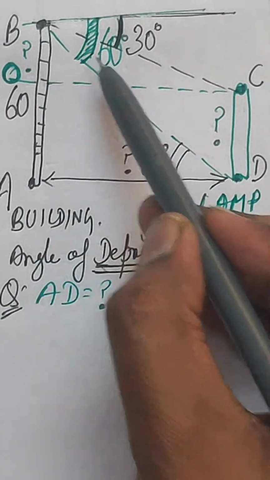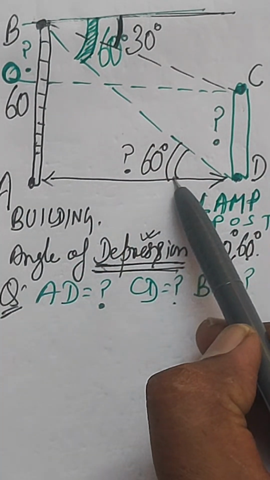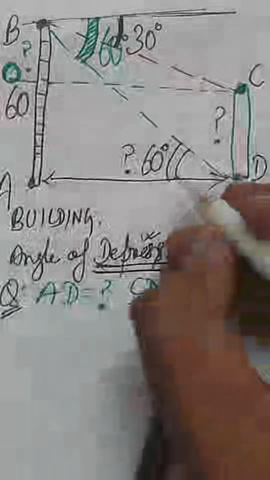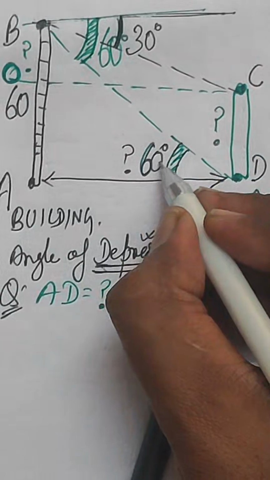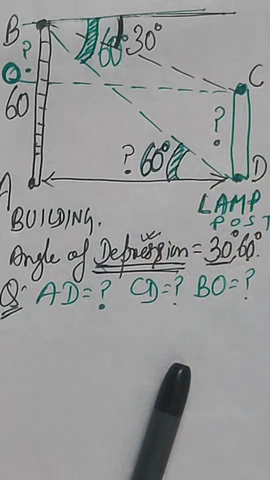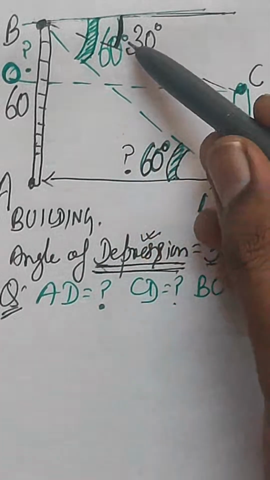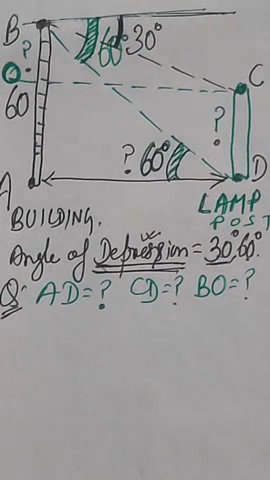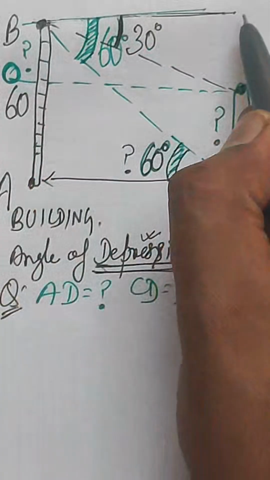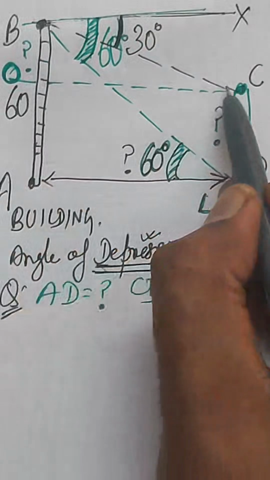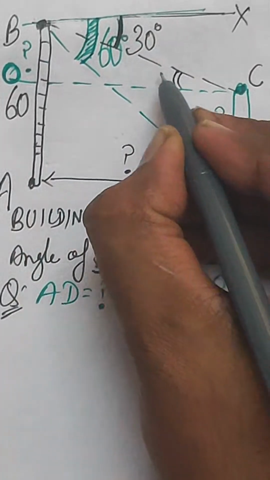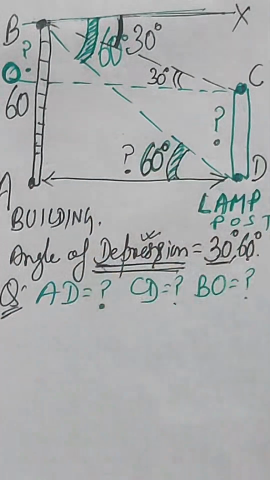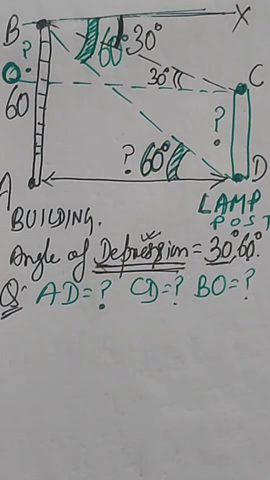So this 60 degree will be forming over here, 60, right? Now this 30 degree which is shown over here, then again let's say BX and CO are parallel to each other, then this 30 degree will be forming over here also, right, being an alternate angle.